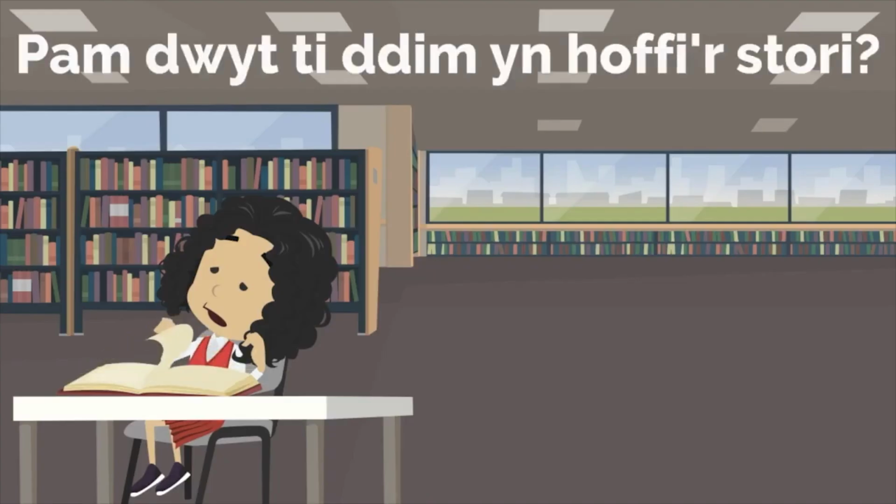Pam dwyt ti ddim yn hoffi'r stori? Why don't you like the story? Ag eto, pam dwyt ti ddim yn hoffi'r stori? As you remember, we add a D and the word ddim when we use the negative.